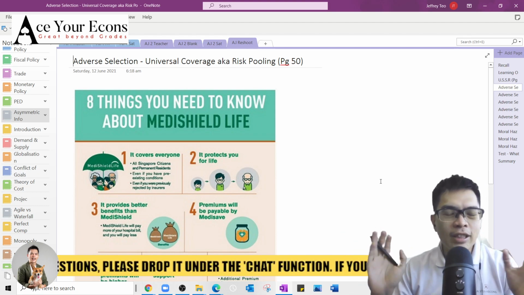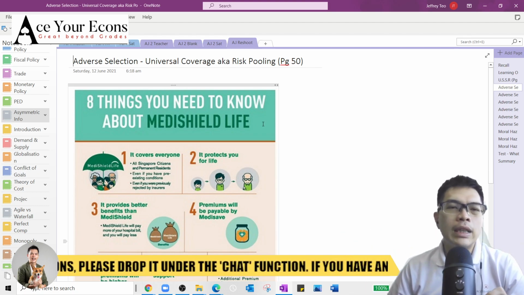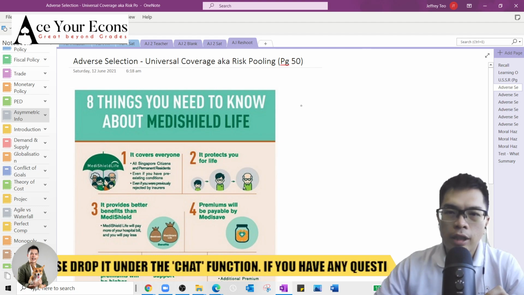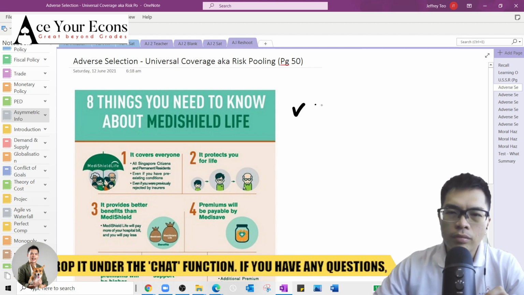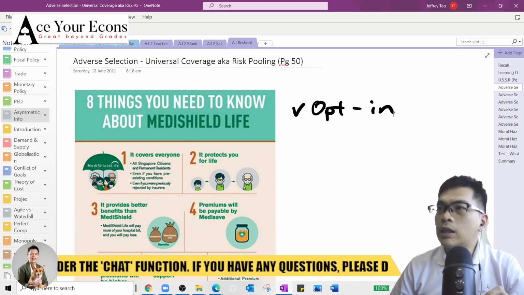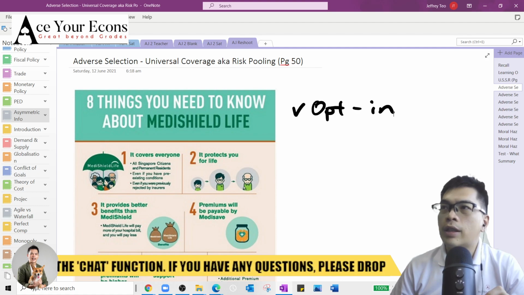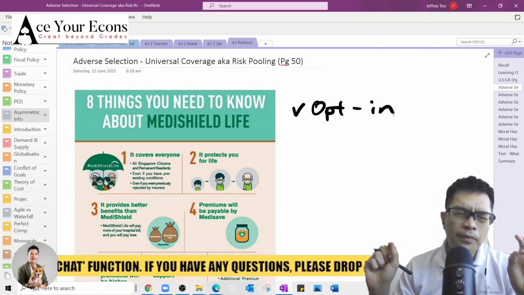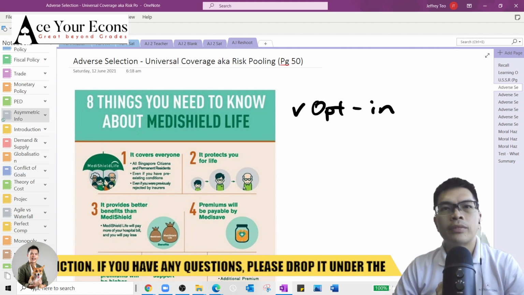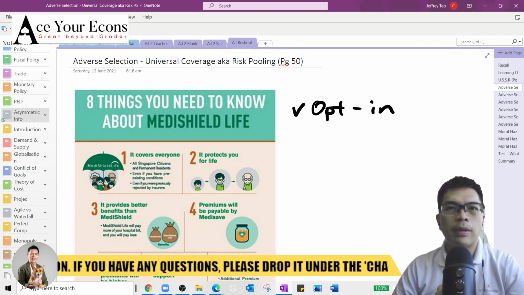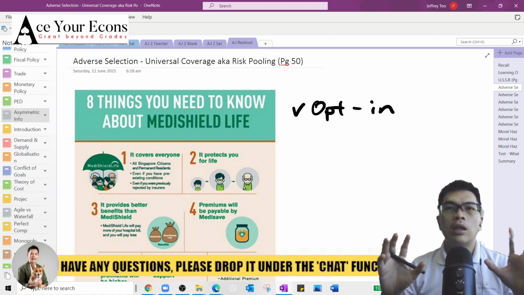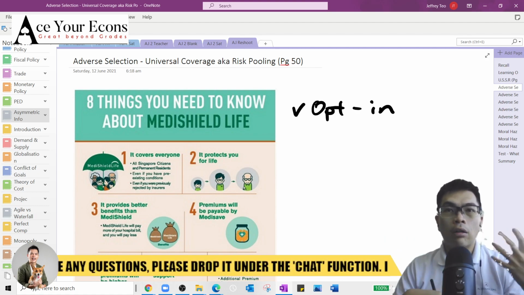All right. So universal coverage simply means that there is no opt-out. They cannot opt out. Everyone is opt-in. So remember in the earlier series, we covered that for adverse selection, especially in the healthcare sector, in the health insurance market, the missing market occurs when there is an attrition of the healthy consumers.